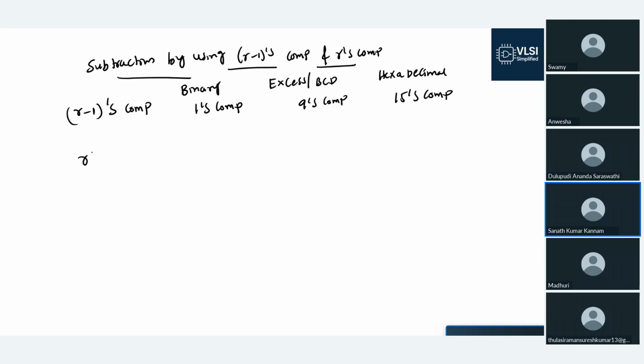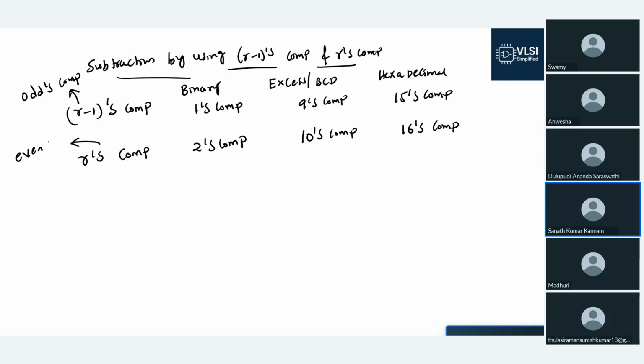And next, r's complement. If you take the r's complement, for binary you have 2's complement subtraction, for decimal you have 10's complement subtraction, and for hexadecimal you have 16's complement subtraction. So the (r minus 1)'s complement I can call the r minus 1's complement, and r's complement I can consider the r's complement subtraction.